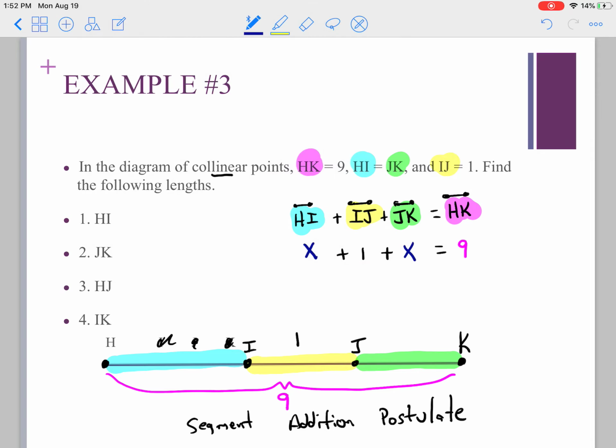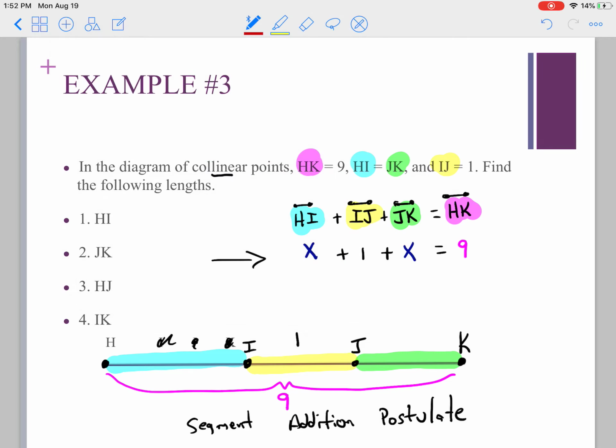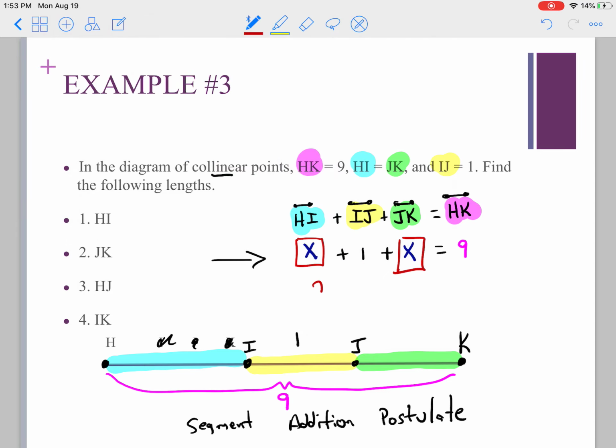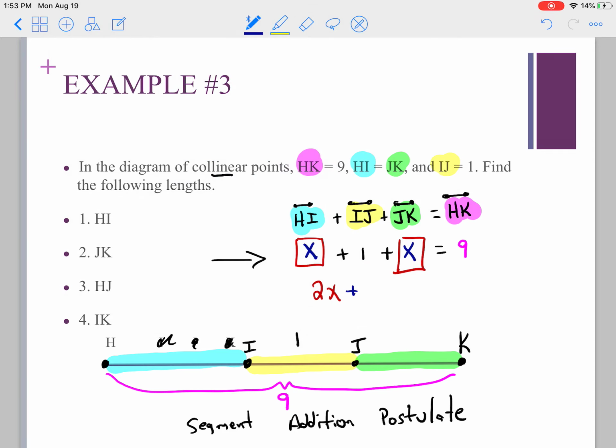So now we have an equation, and this is an equation that we can now solve using just our algebraic rules of combining like terms and solving for the variable. I have two like terms, my x and my x, so I can combine those to end up with 2x. The 1 I will leave by itself, and then it is equal to 9.